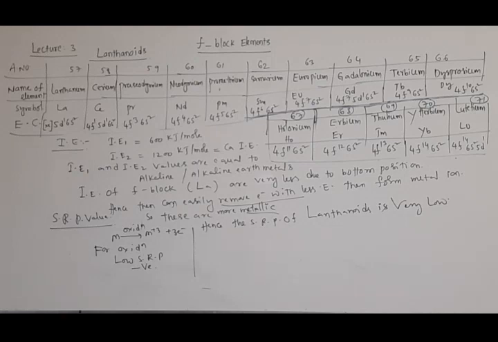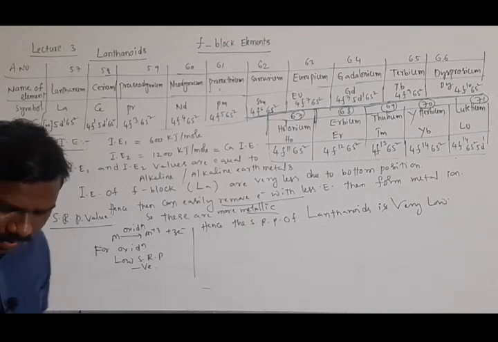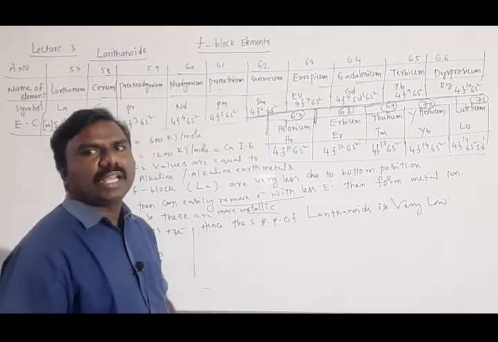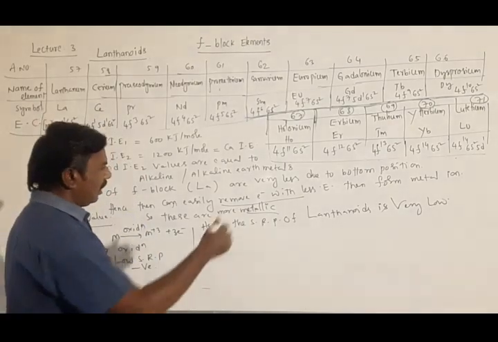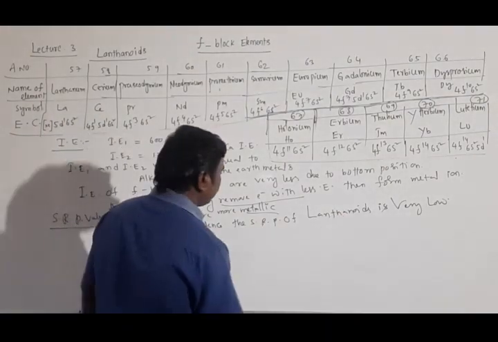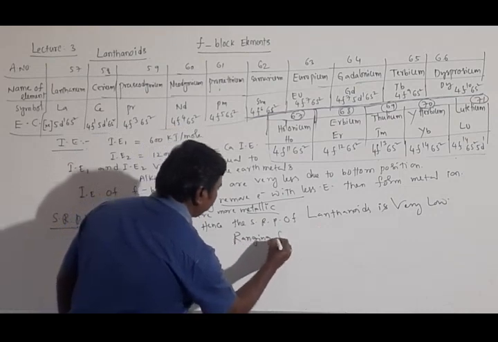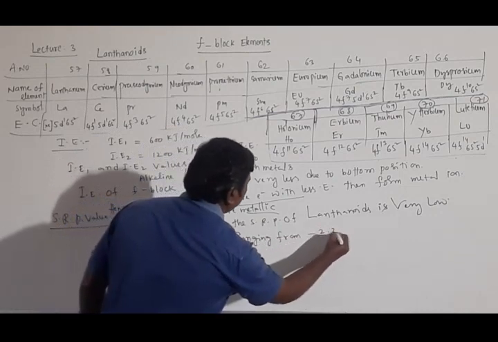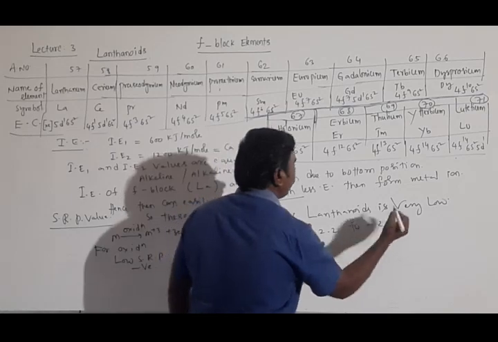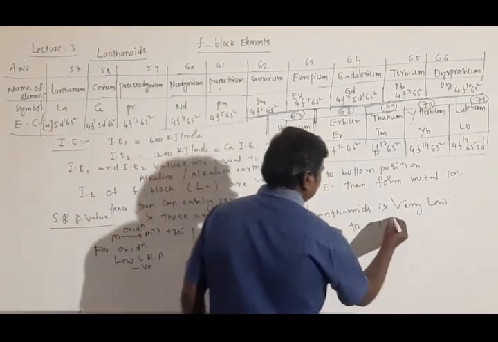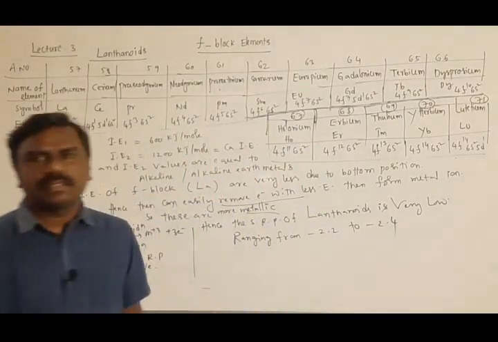If it is low, oxidation is favored and the metal is converted into, what is that students? Metal converted into metal ion. Very low, so negative values, ranging from minus 2.2 to minus 2, the range is 4 volts. Standard reduction potential values.